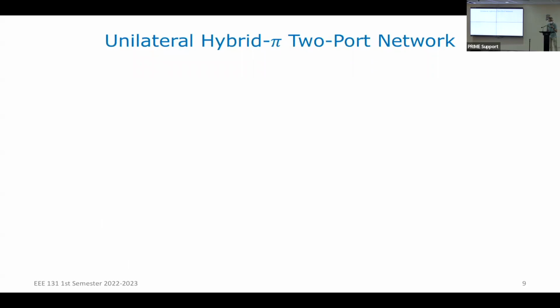Okay, we are going to adopt a unilateral hybrid pi two-port model. That's what we're going to use in EEE 131. This will make your life easier. Mapapadali yung buhay nyo dahil dyan.